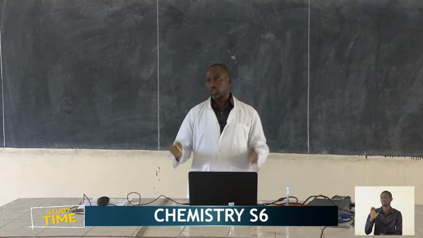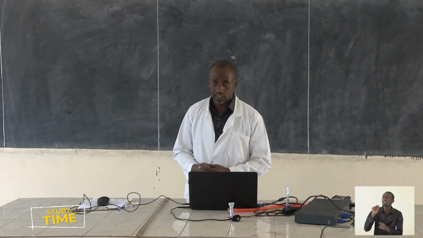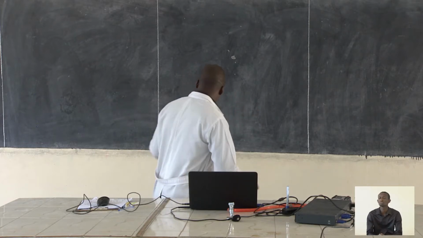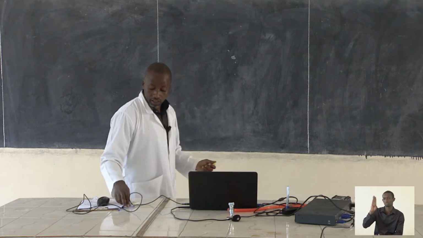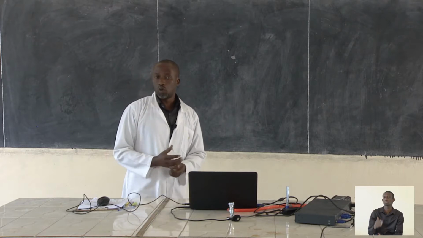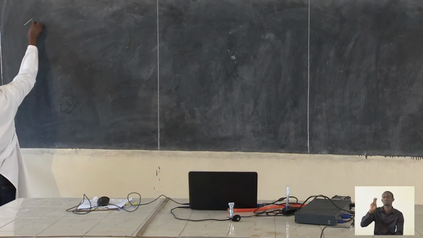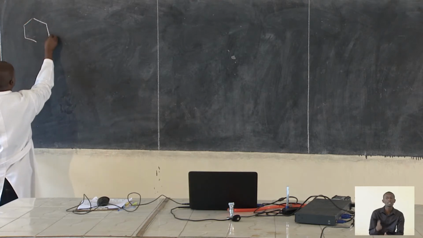When we talk about the aromatic carboxylic acids, we are talking about the carboxylic acids that contain a carboxylic group that is attached on the benzene ring. So this is the benzene ring.